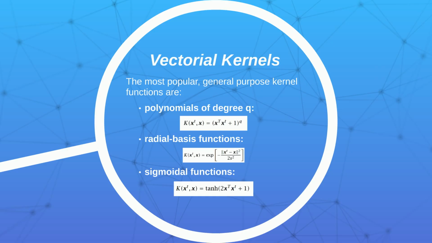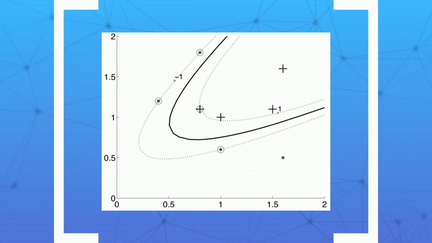So let's take a look at how this kernel would be used. We're going to take a look at the polynomial kernel specifically. So this is the same data that we had before. However, now we have the discriminant and margins found by a polynomial kernel of degree 2.